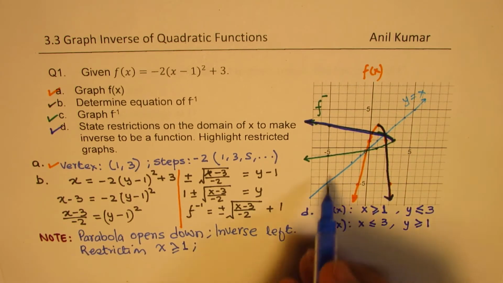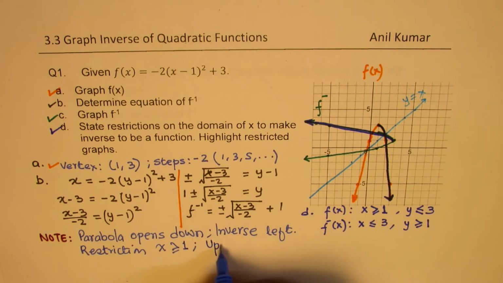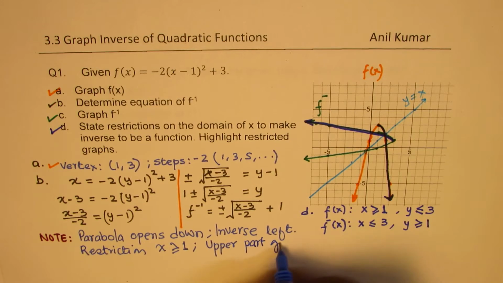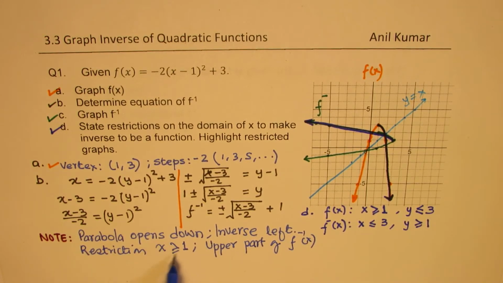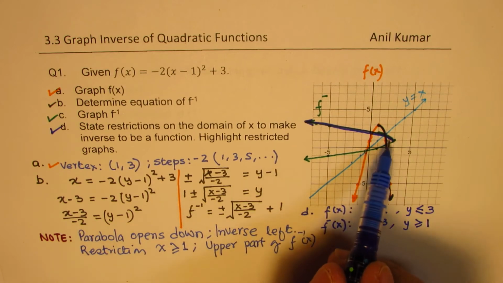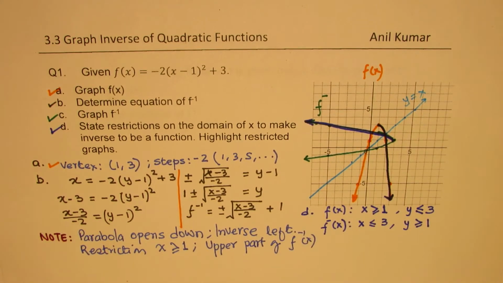In that case, we are looking into the upper part of f inverse x. Do you see that? So if we use greater than or equal to, then the upper part of the parabola is what we have to look into as the inverse of the graph, right? So I hope this concept is absolutely clear.